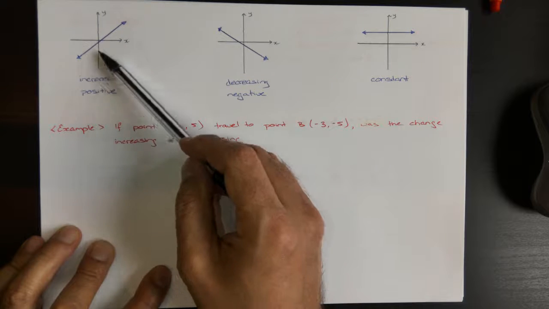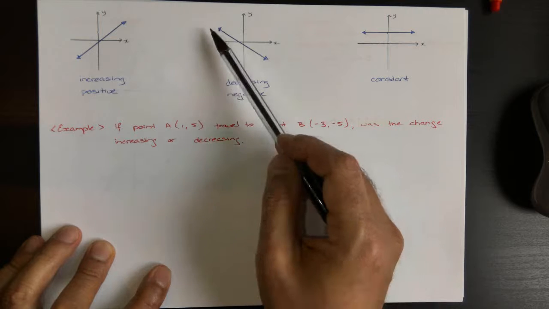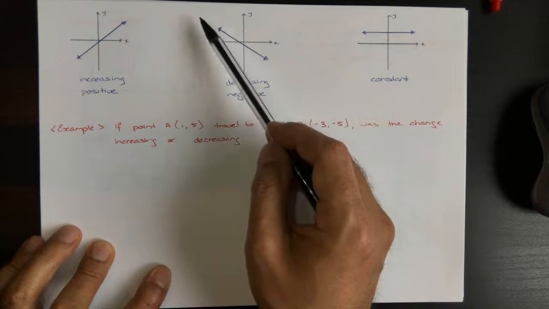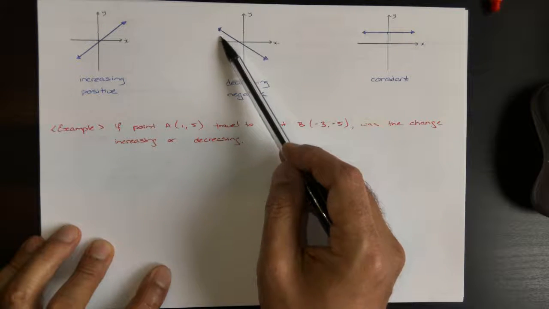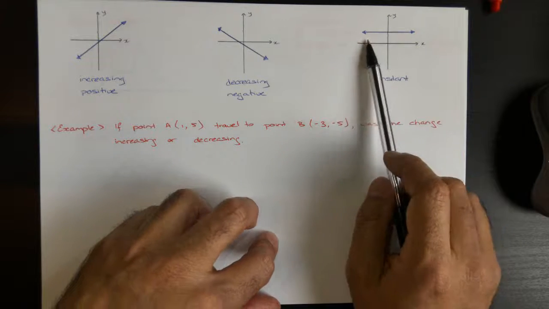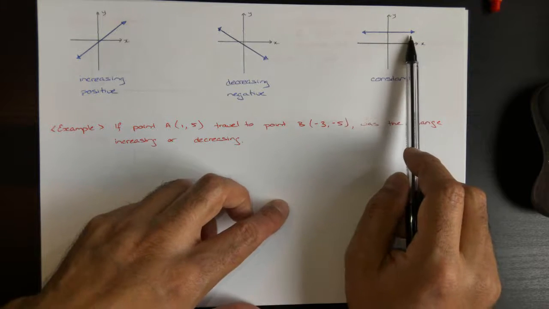So this is a constant increasing rate of change, and it's positive. If it's going down and pointing to the bottom of the fourth quadrant, then it's decreasing. The rate is still the same; it's still constant. Obviously, if we have a line that's flat and it doesn't move, then that's a constant rate of change.